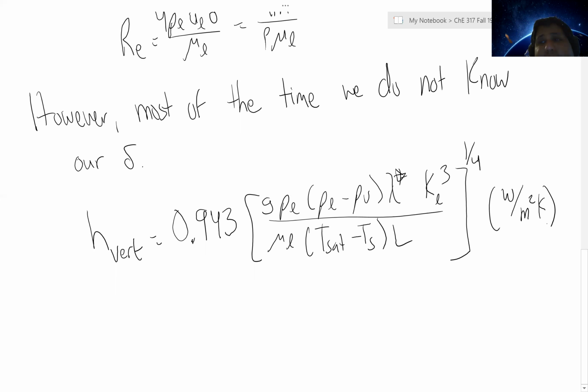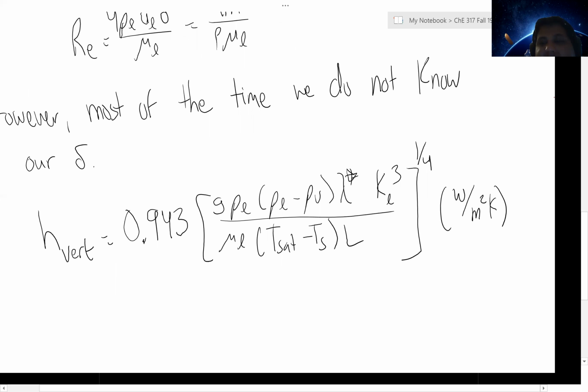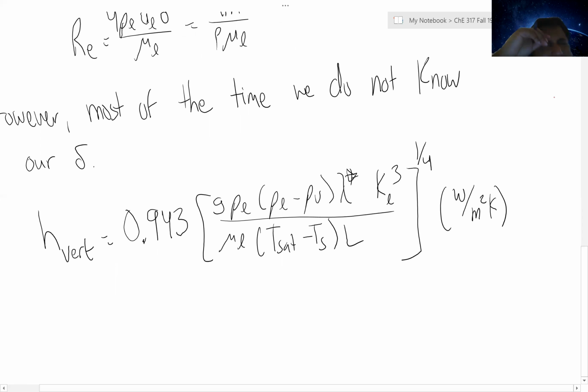Now, one thing I do want to point out, because I believe I unfortunately made an error last Monday, so feel free to get out your torches and pitchforks, is that I may have missed the cube on the thermal conductivity of the liquid. So please make sure that you do this. This should be cubed.